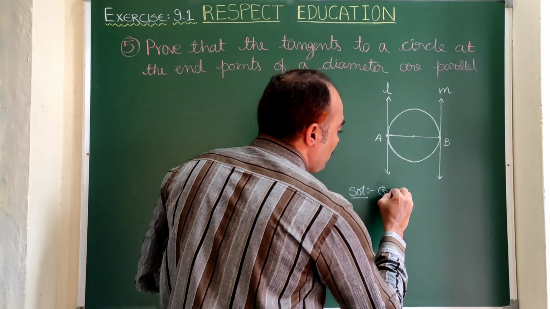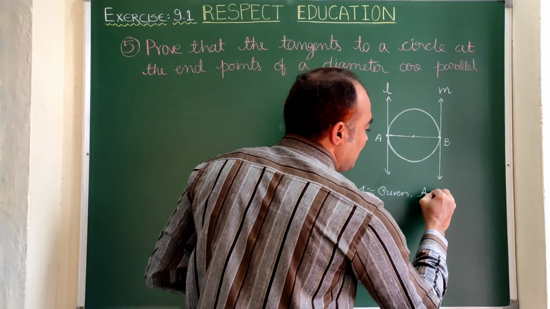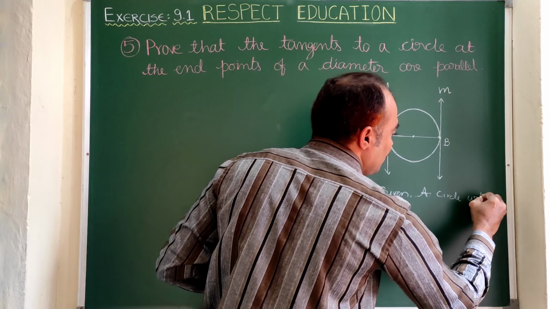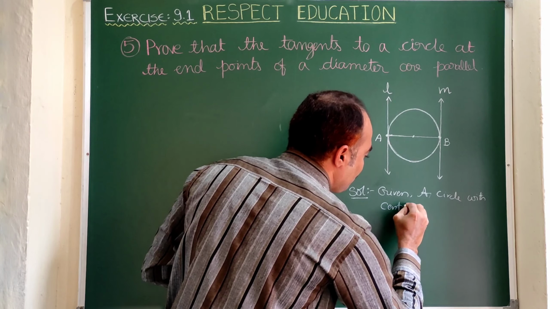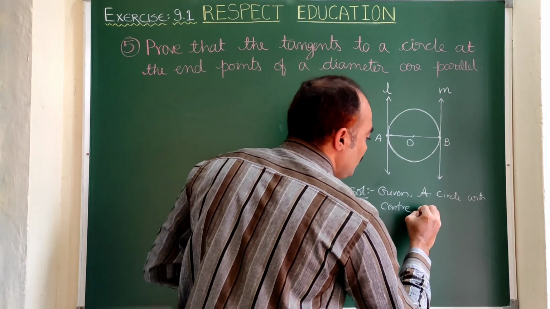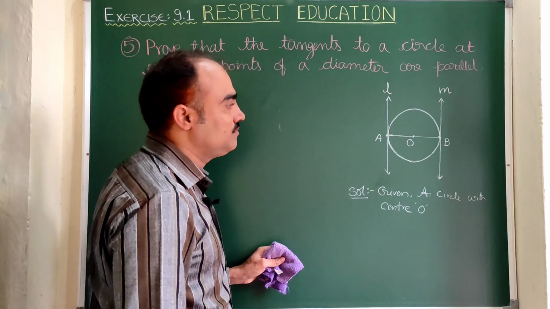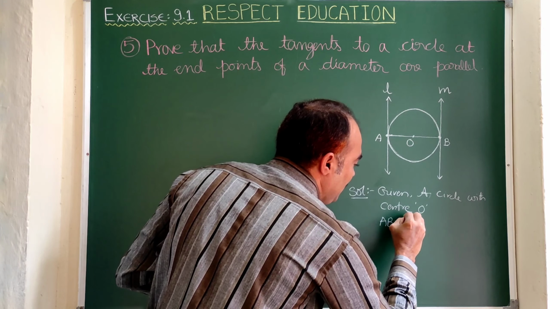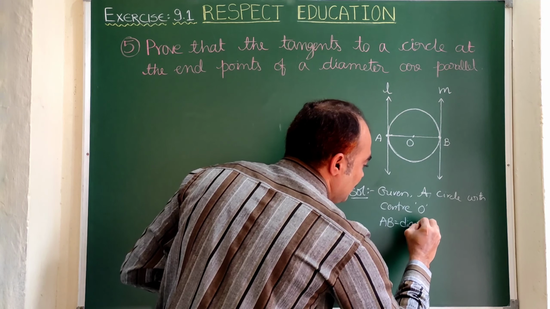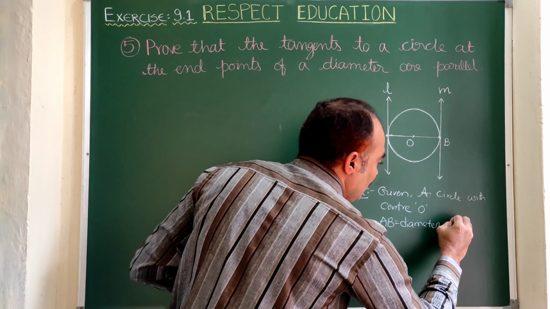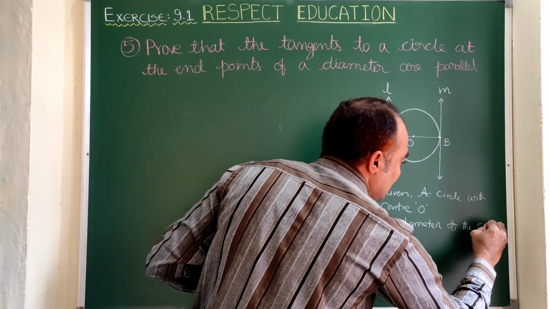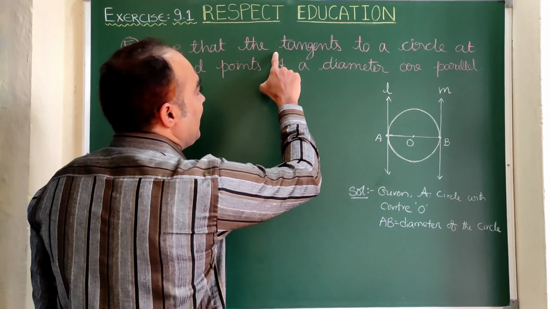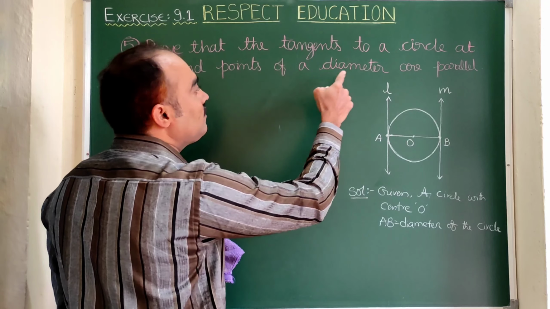Given a circle with the center, let us take the center as O, a circle with center O, and AB is the diameter of the circle, and here given that the tangents to a circle at the end points of the diameter.